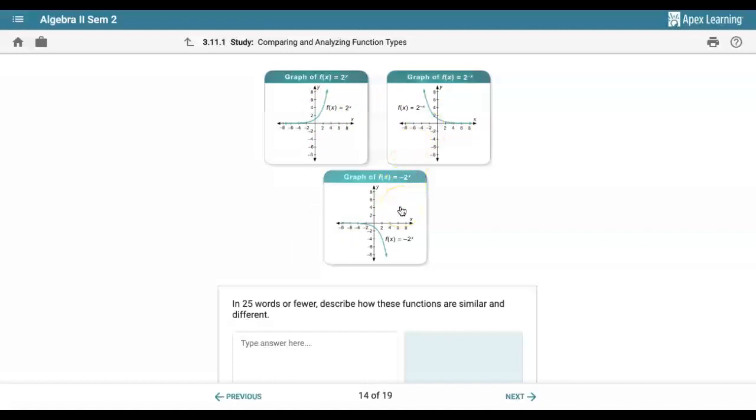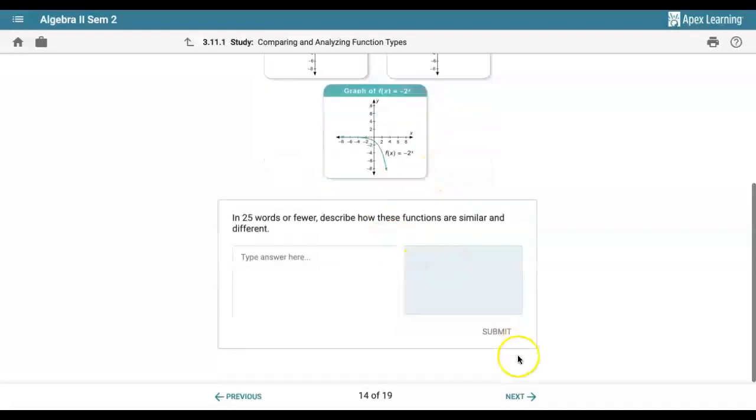So the starting and ending behaviors are different here. This is the only one that's increasing. This is decreasing and this is decreasing, but this one is decreasing to the asymptote and this one is decreasing infinitely, so noticing trends like that.